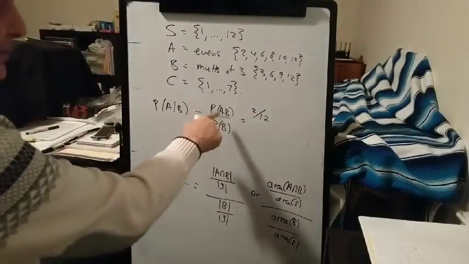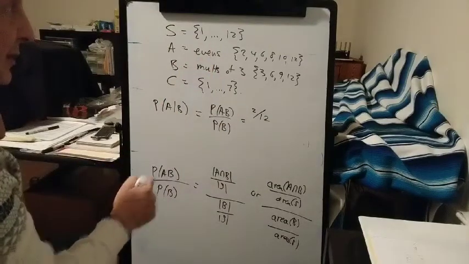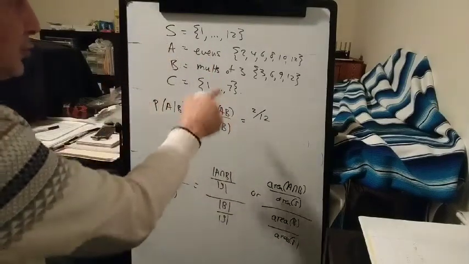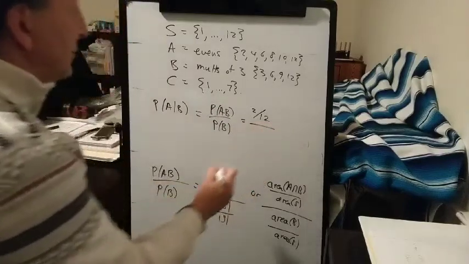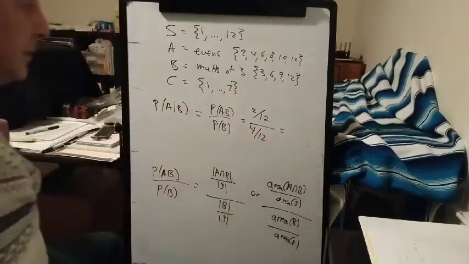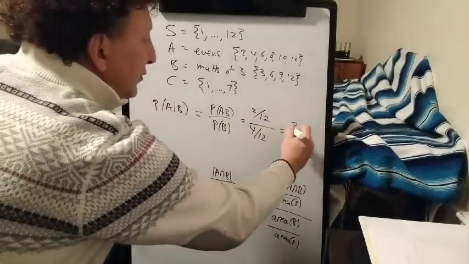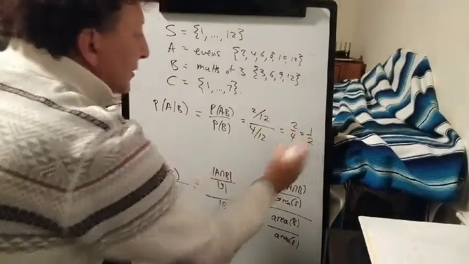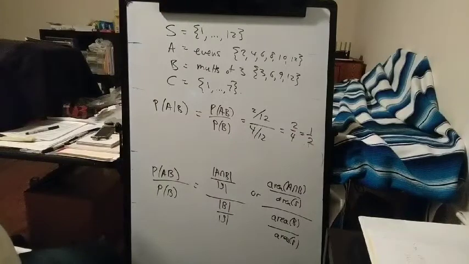The probability of getting those two numbers, if we're choosing a number at random from S, is 2/12. The probability of B is 4/12. So we've got 2/4, which simplifies to 1/2. So we get the same answer we got before.